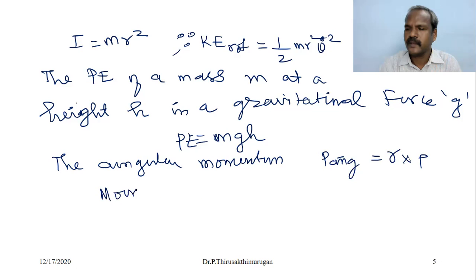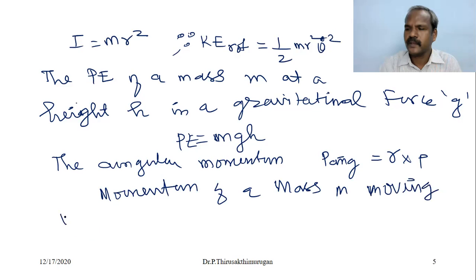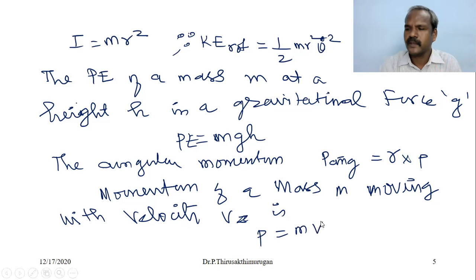Simply, the momentum of a mass m moving with velocity v is p equal to m v. The relation between the angular momentum and the linear momentum is r into p.